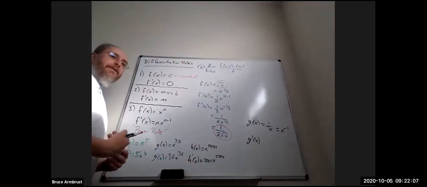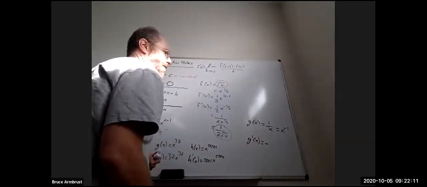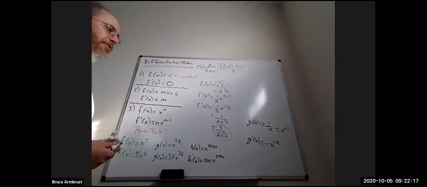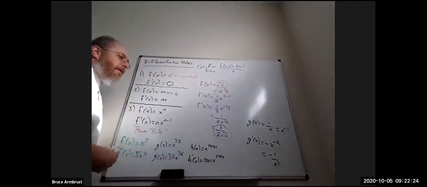Well, now that we know that, this is really fast. Bring the exponent out front, and then decrease the exponent by 1. So -1, if I subtract 1, gives me -2. And so I can rewrite that as -1 over x squared.